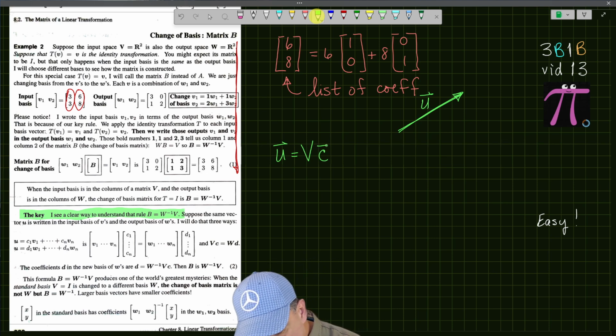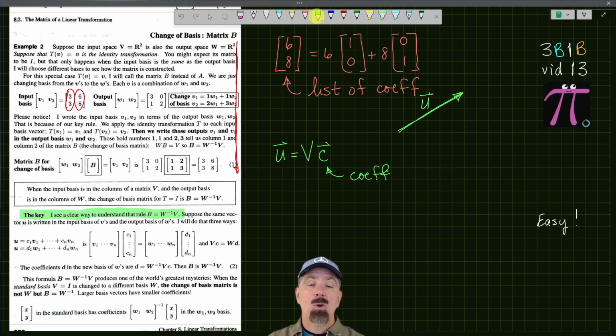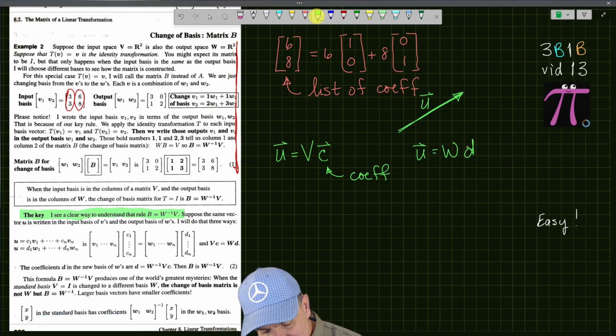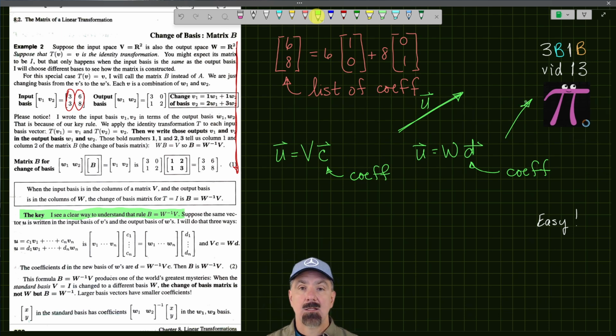And when we do that, we get a coefficient vector. So c is a coefficient vector. Right? Well, let's say we want to represent u with a different basis. We're going to represent u using the W basis. And that's going to give us a different list of coefficients. And again, all of this information is well addressed in Grant Sanderson's video.